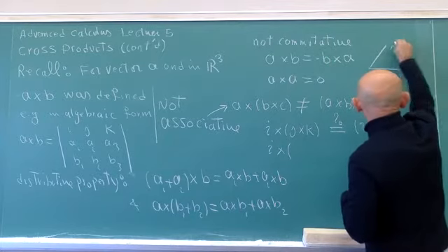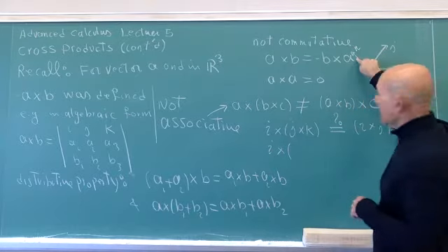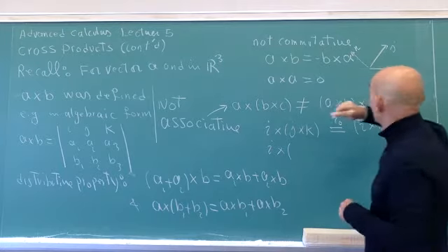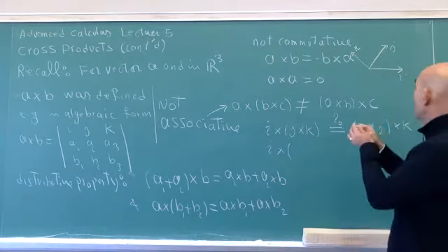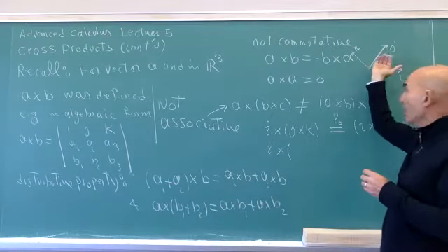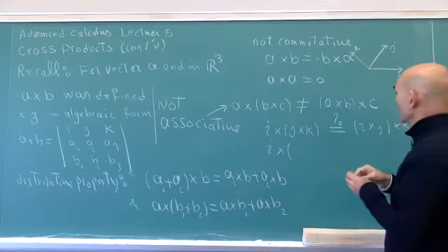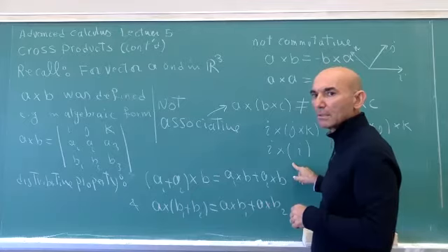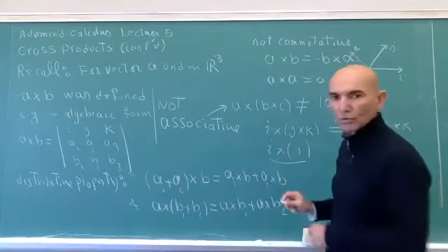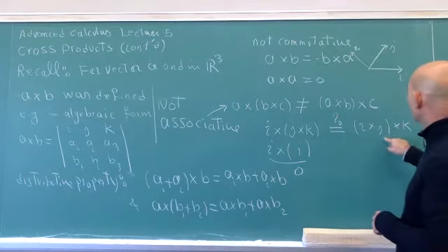What is J cross K? If I put my right hand and go from J to K, my right hand points in the direction of I, so this is going to be I. What is I cross I? 0, by what we discussed. So this is equal to 0. Now, what about the right-hand side? What is I cross J?